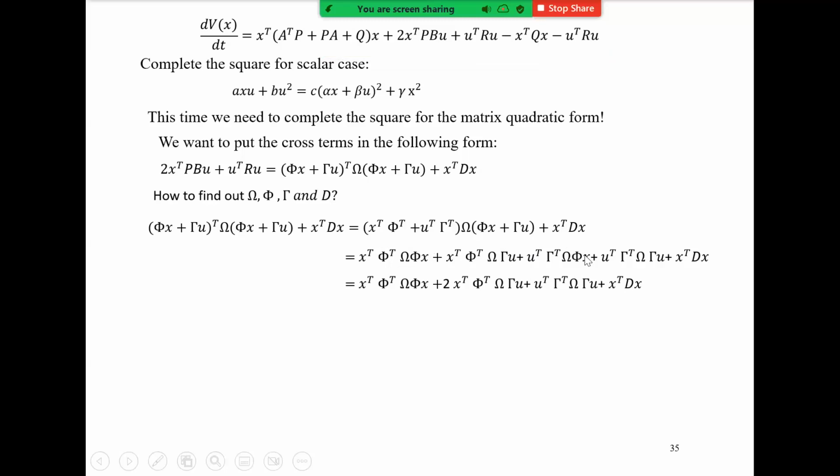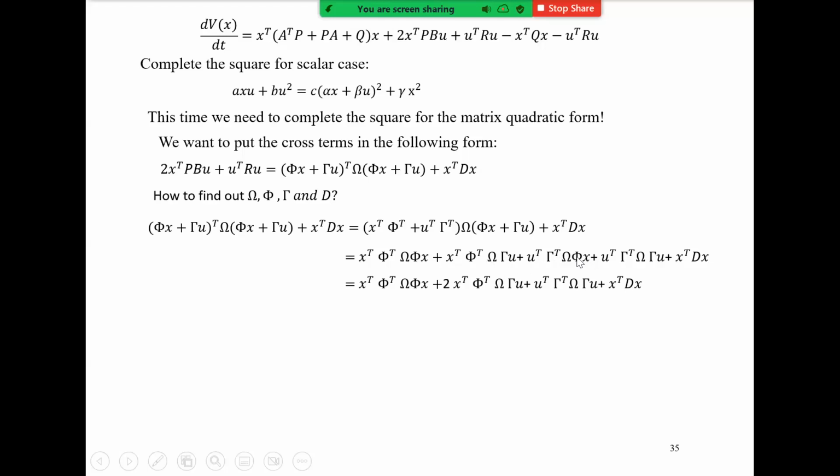So I take the transpose and get x transpose phi transpose omega gamma u, since omega is a symmetric matrix, and taking the transpose of gamma gives gamma.